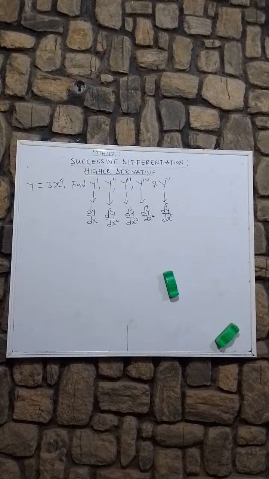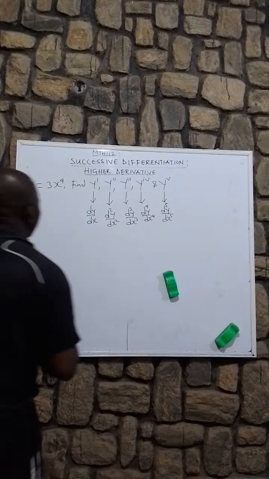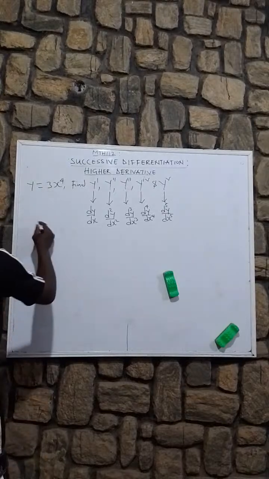So just take note of this. It means we are going to differentiate that function again and again and again up to 5 times. So now let us write the solution.